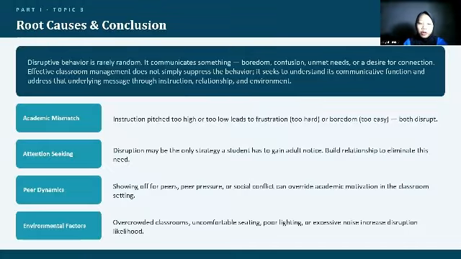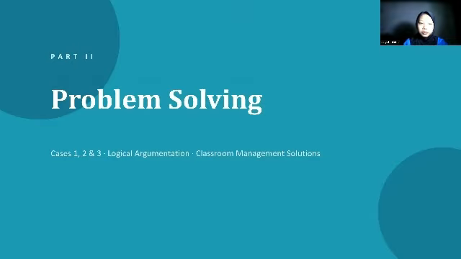Showing off for peers, peer pressure, or social conflict can override academic motivation. Environmental factors. Overcrowded classrooms, uncomfortable settings, poor lighting, or excessive noise increase disruption likelihood.